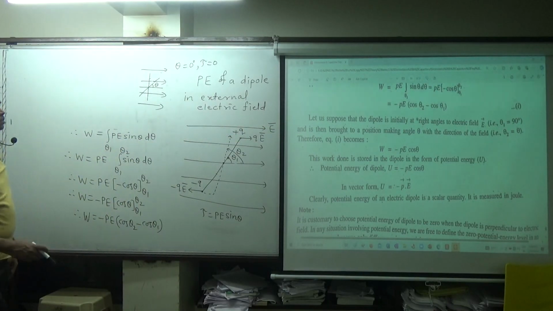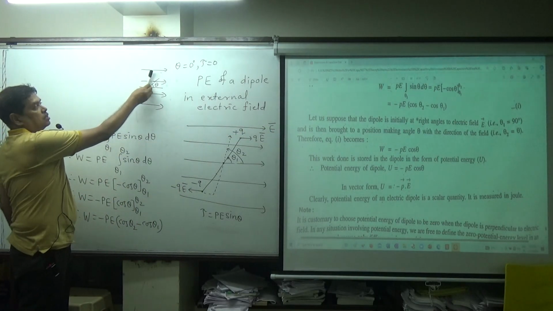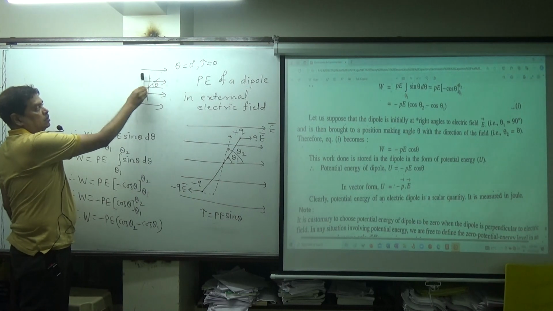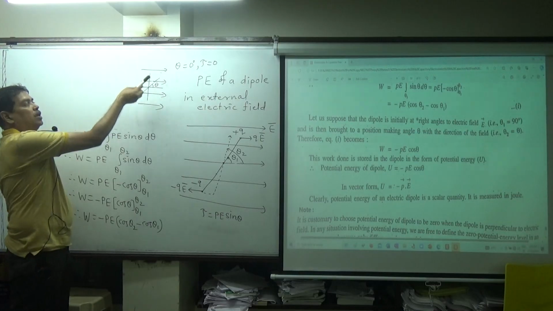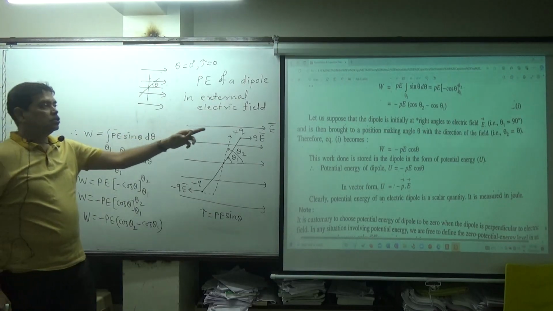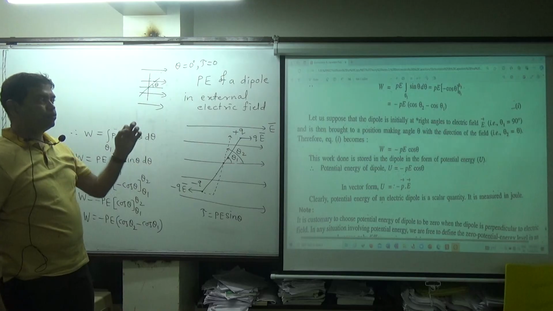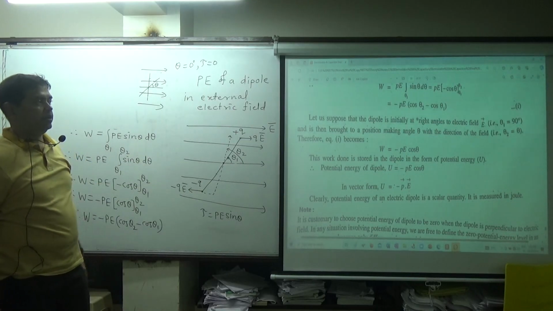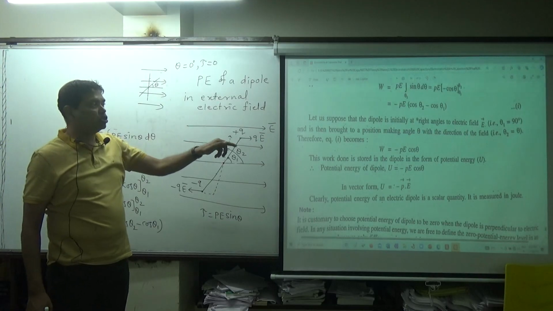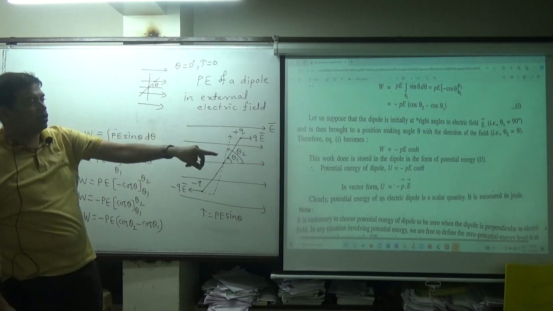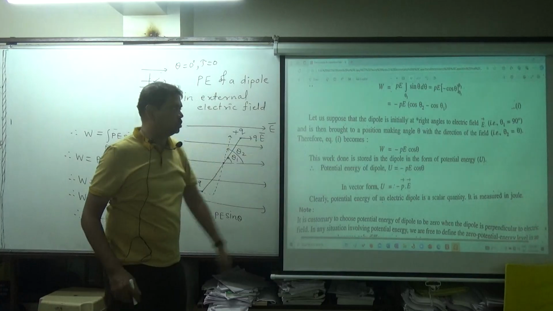Very important: from 90 degrees it was not rotated by theta, it was rotated by 90 minus theta, so that with the electric field it is theta. This should be absolutely clear. Initially at right angles and then brought to a position making an angle theta with the direction of the electric field. Write it properly.